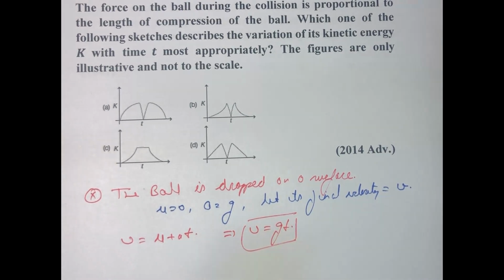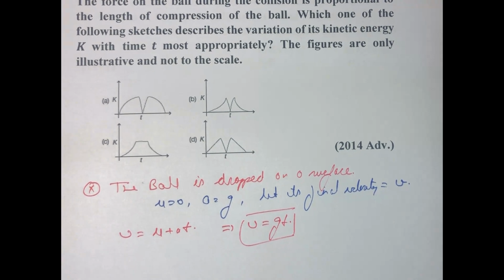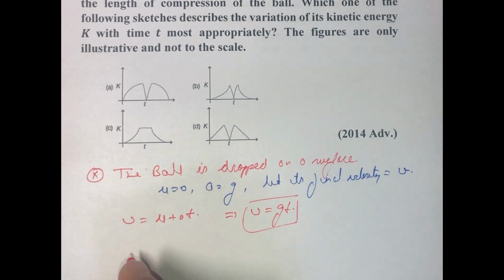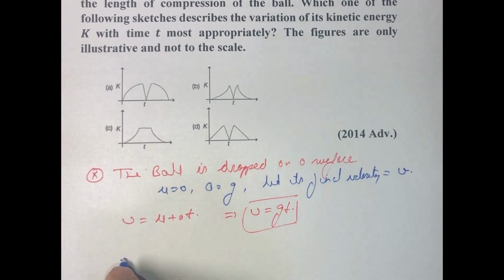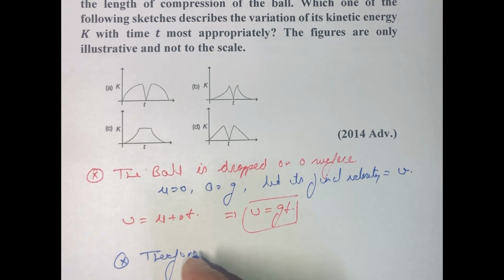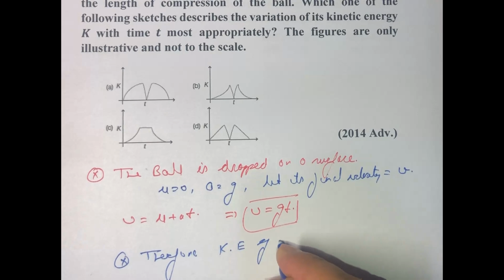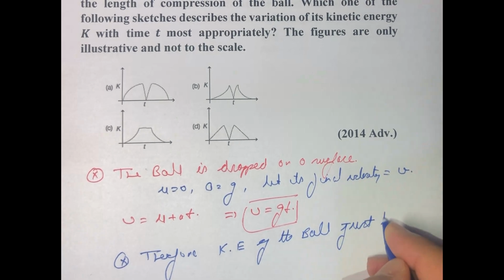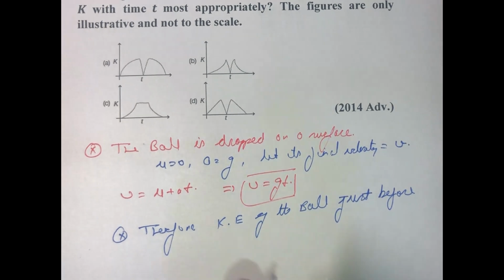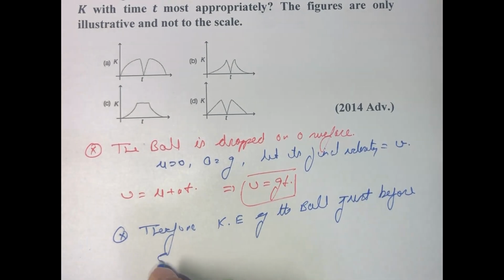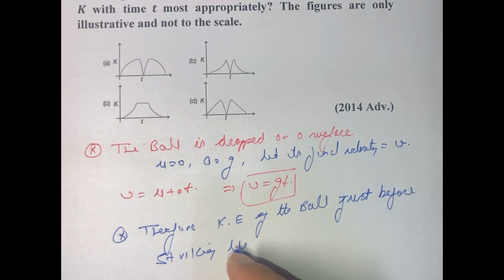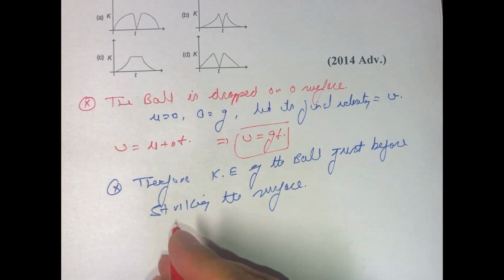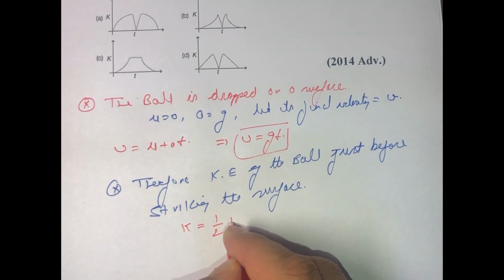Therefore, the kinetic energy gained by the ball just before hitting the ground surface, you can write as K is equal to half mv squared.